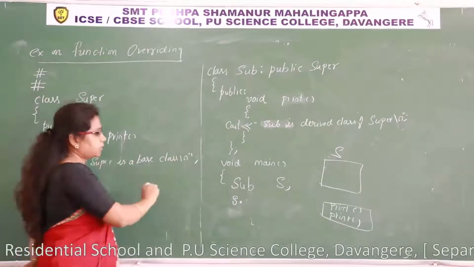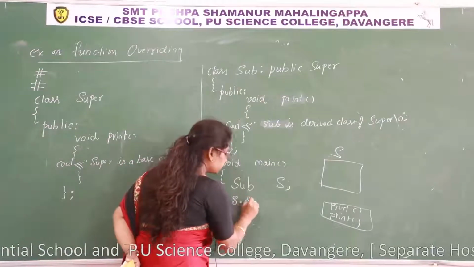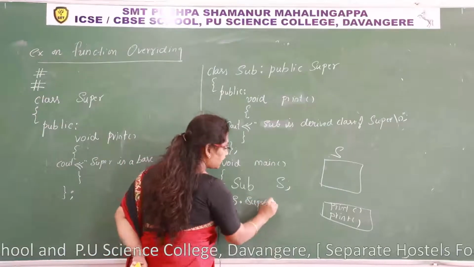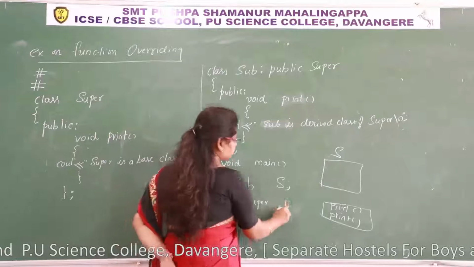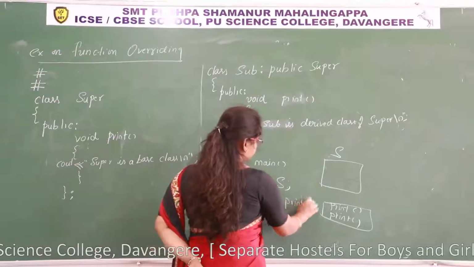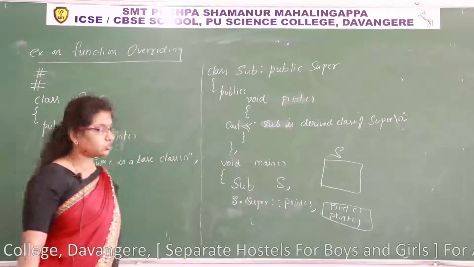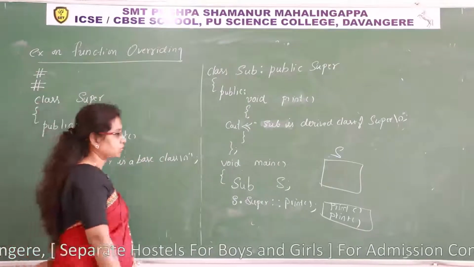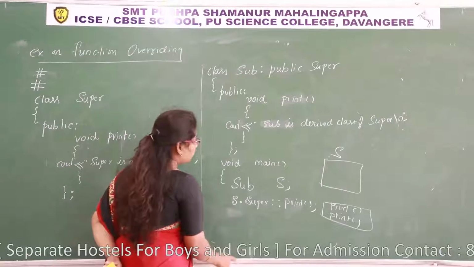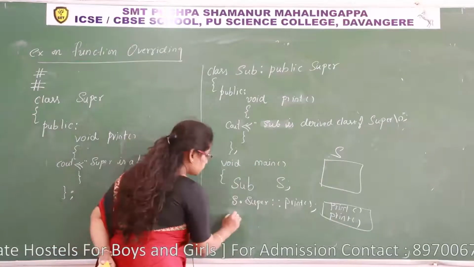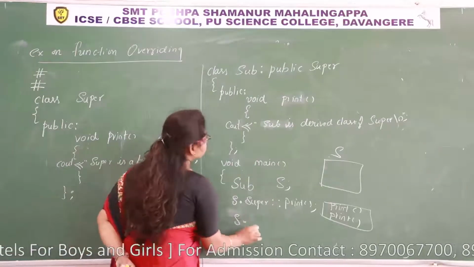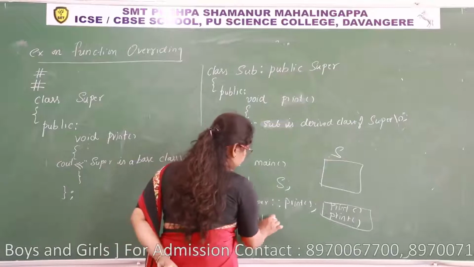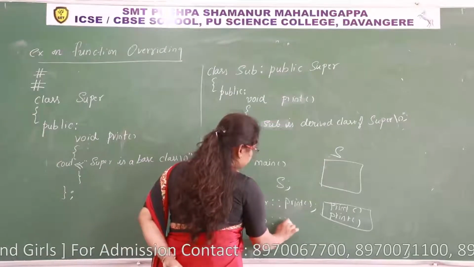Base class, that is super, scope resolution, and the function name print. Understood? I am calling the super class function here. Now to execute the sub print, yes dot sub scope resolution print.